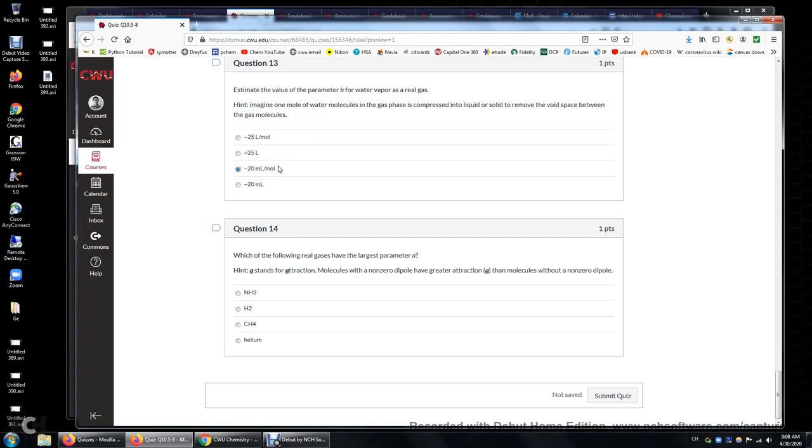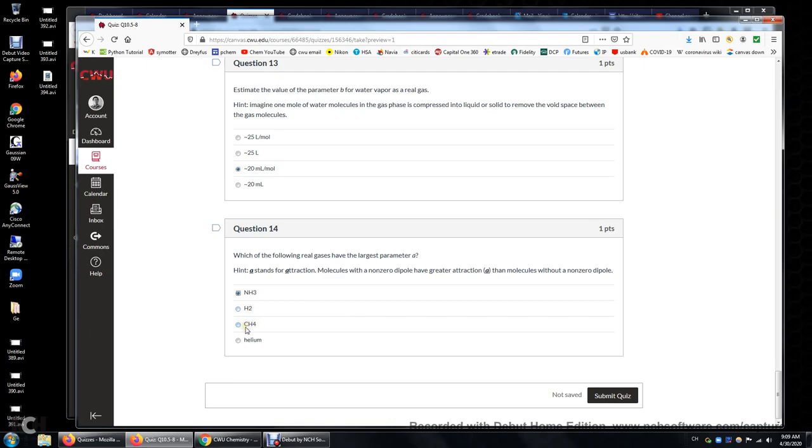Question 14, attraction. We're talking about attraction. Over here, read this. Molecules with a non-zero dipole have greater attraction. So let's look for a molecule with non-zero dipole, NH3. H2 has a zero dipole. CH4 has a zero dipole.